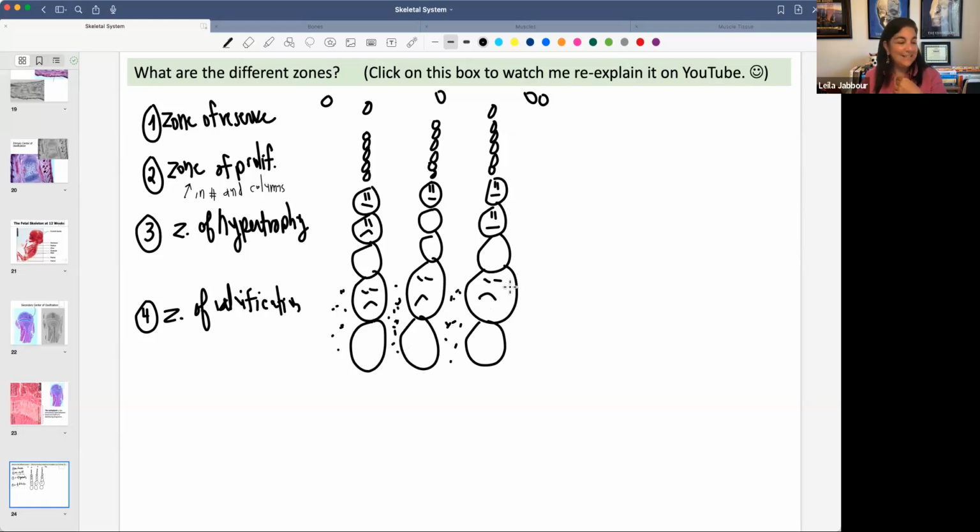There's a lag. By then the cells are going to die, and the lacunae are empty, right? So the cells die, the lacunae are empty.